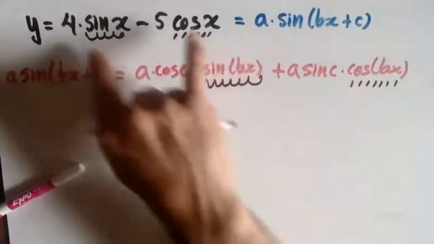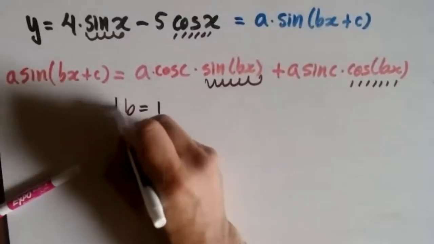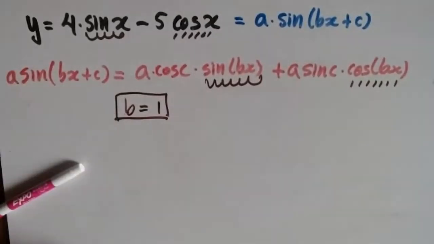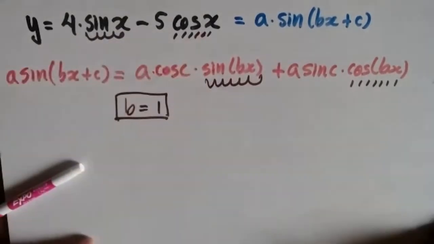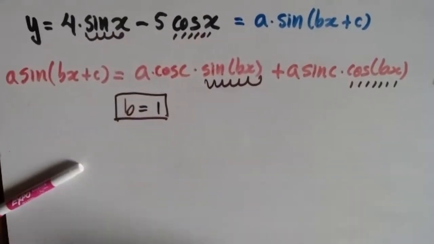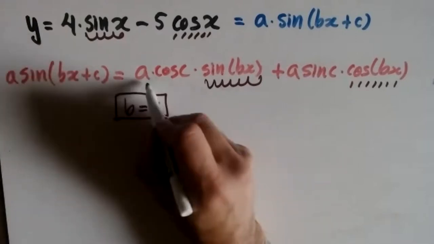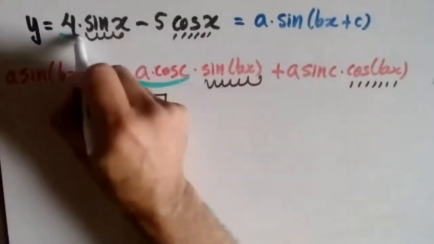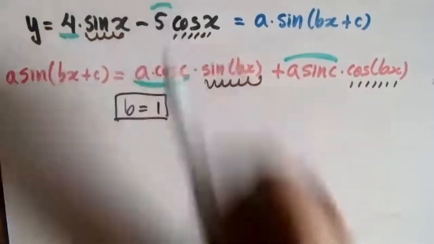Now, if we match these two with these two, we see again that the b has to be 1. So it's immediate. To match these two with these two, the b has to be 1. There's no way out. Okay, now, what is next? The next one is I'm going to match this one with a 4, and this one with a 5.